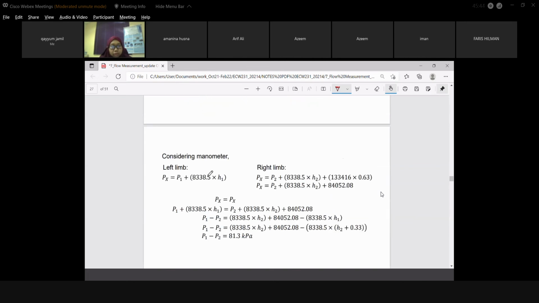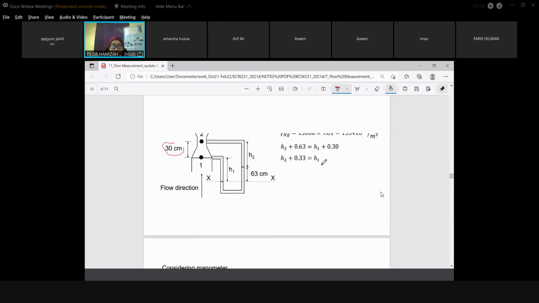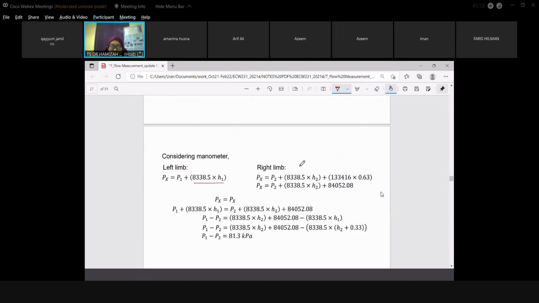Okay, so substitute into the left limb and right limb. So left limb ada satu je types of fluid. Betul? Right limb ada dua lah, mercury and also oil.